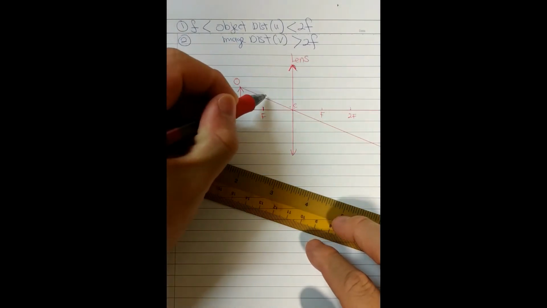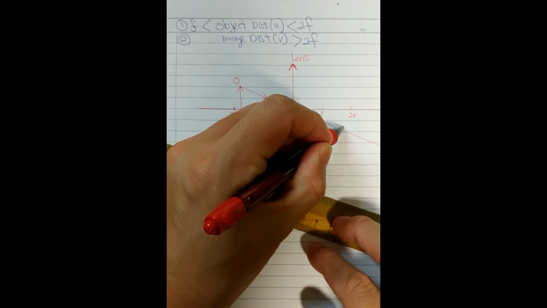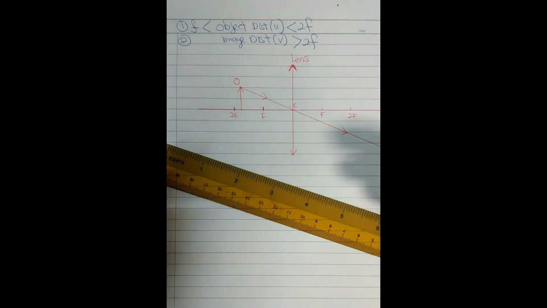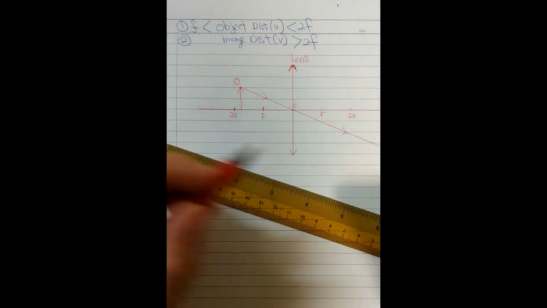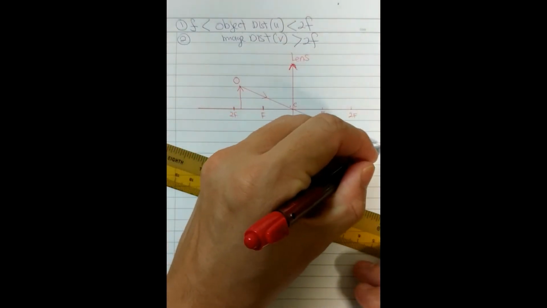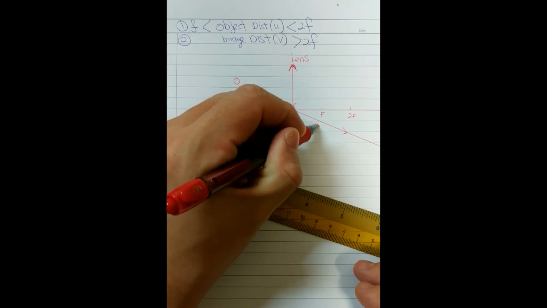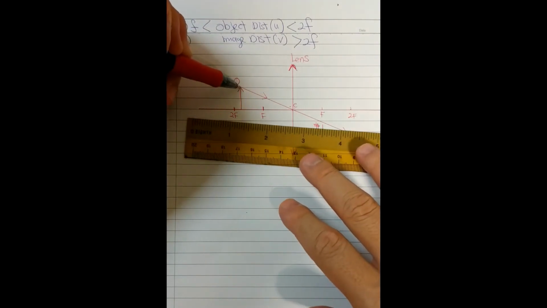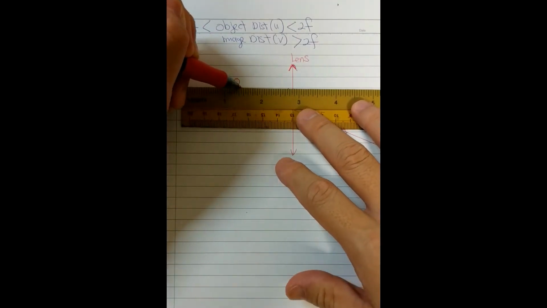Remember to draw your arrow to denote that your straight line is a light ray. So what you have done is draw the first light ray. This will be your ray number 1. Now I will choose ray number 2, which means that the ray is parallel to the principal axis.